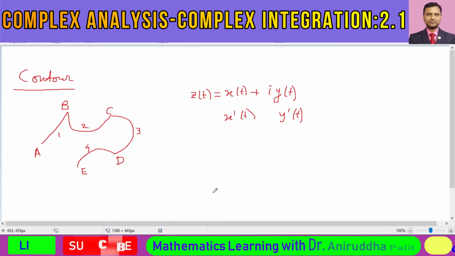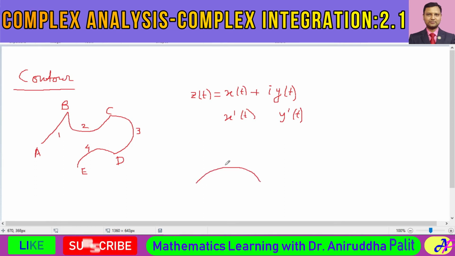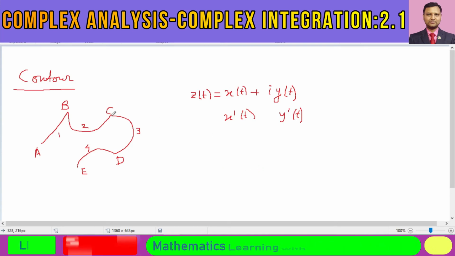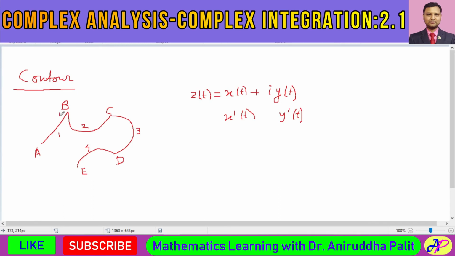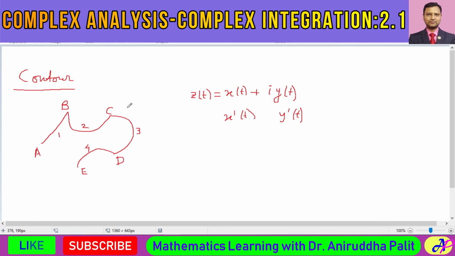If these derivatives x dash and y dash are continuous, then we will have a kind of bending so that a certain kind of tangent exists. But whenever we have a sharp bending at a point like capital B, the tangent of the curve does not exist.